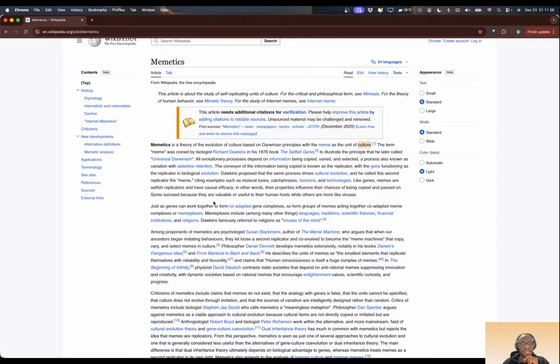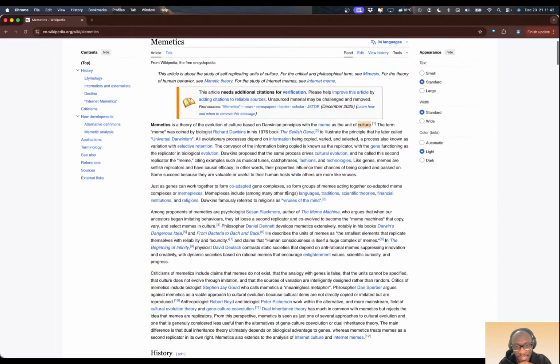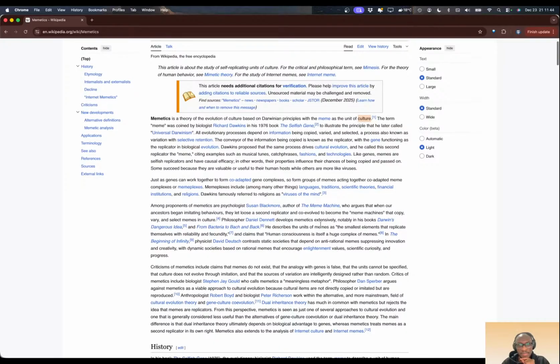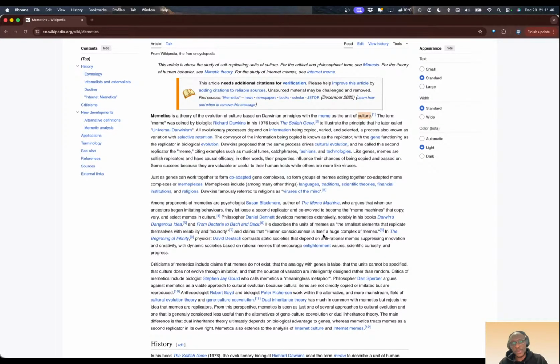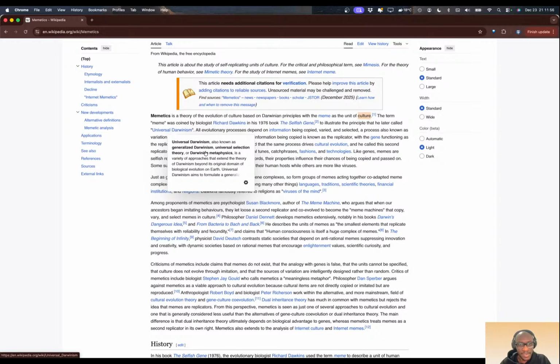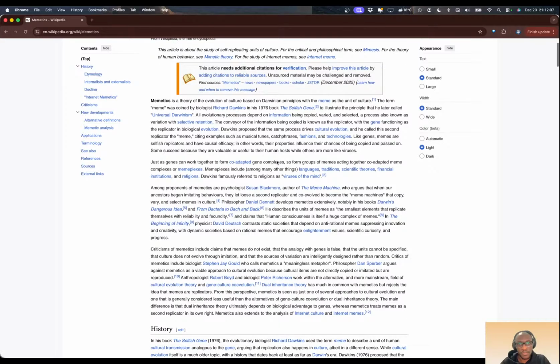The term meme was coined by Richard Dawkins in his book The Selfish Gene, to illustrate the principle that he later called universal Darwinism. Universal, also known as generalized Darwinism, or universal selection. I see. Okay, so all evolution processes depend on information. Very important. There has to be information.